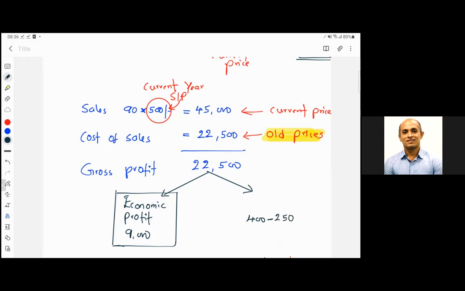Price difference per unit is 150. We have sold 90 units. Then how much is the effect from changes in price level? 13,500.